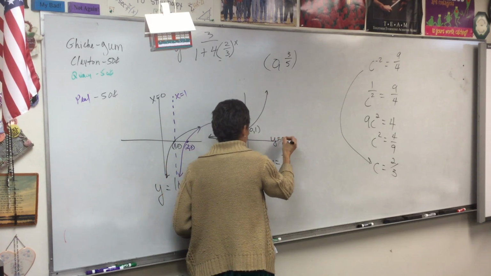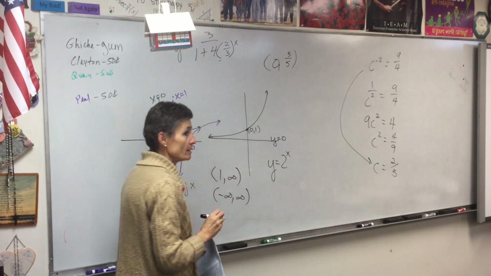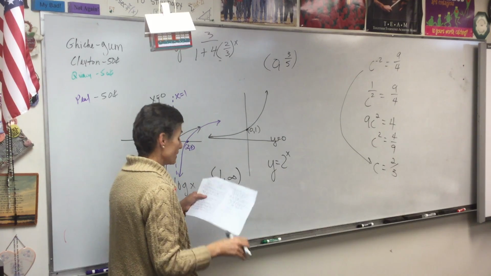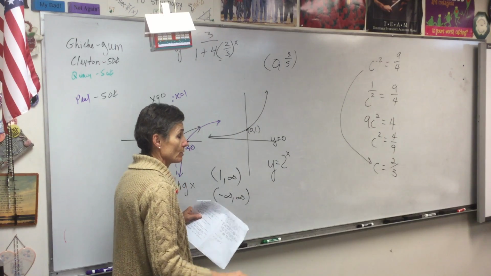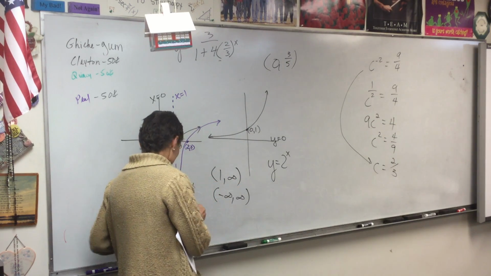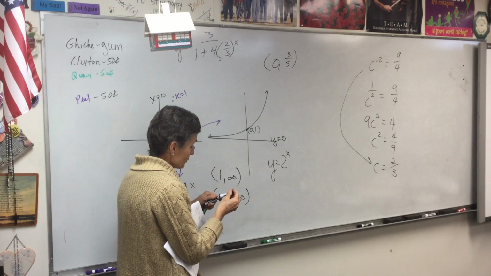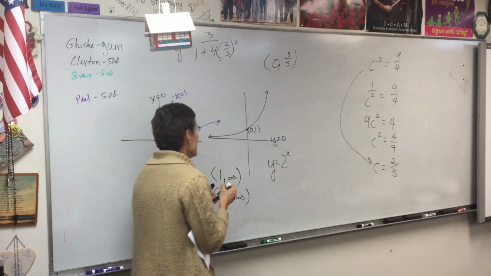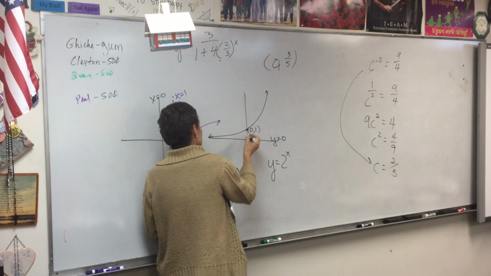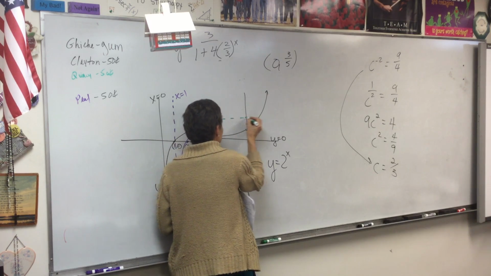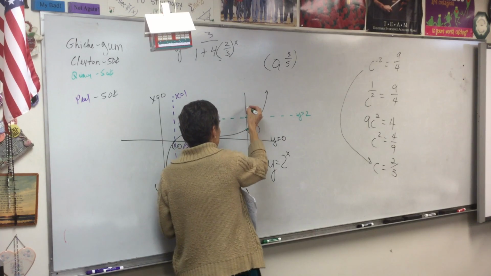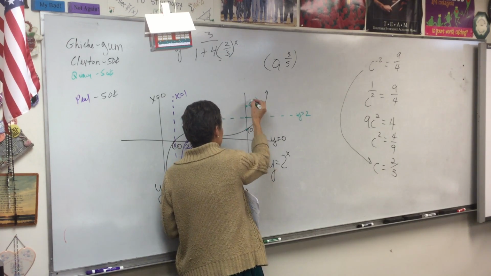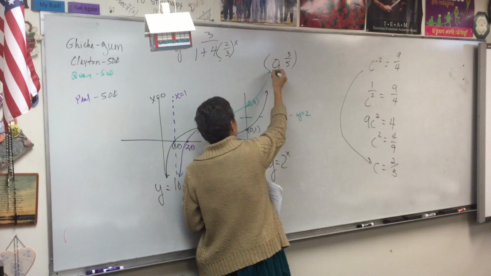Y equals 0 is your asymptote, right? Now, what are we doing to that picture in 3b? Up 2. So everything's coming up 2. So now the asymptote's going to be up here at y equals 2, and the point's going to be at (0, 3). And it's going to look like that.